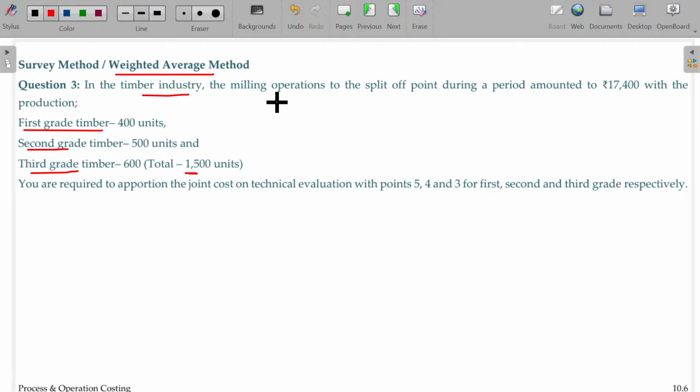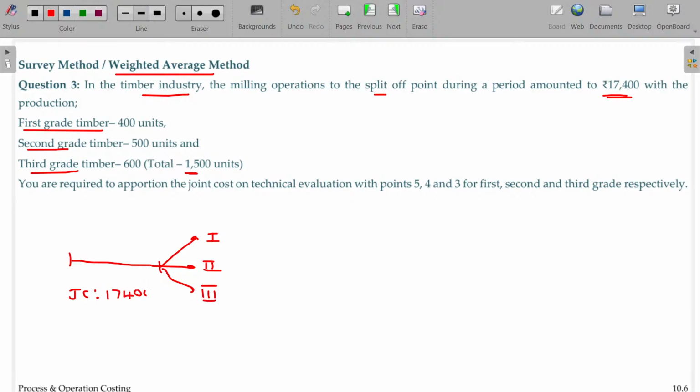In the timber industry, the milling operations up to the split-off point during the period amounted to rupees 17,400. From milling, we get first grade, second grade, and third grade timbers. The joint cost here is 17,400.